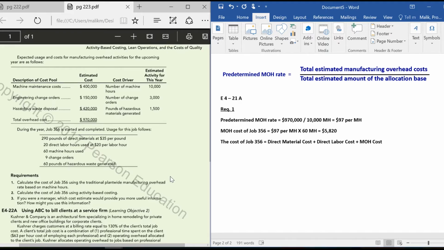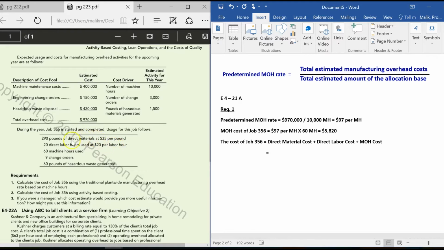And we just got that by using this one plant-wide or traditional manufacturing overhead rate. Our manufacturing overhead cost is $5,820. Now we need to check the two other types of costs. So if we plug in the numbers, we will find that for this certain job, our direct material cost will be how much material they actually used and what is the cost of those materials.